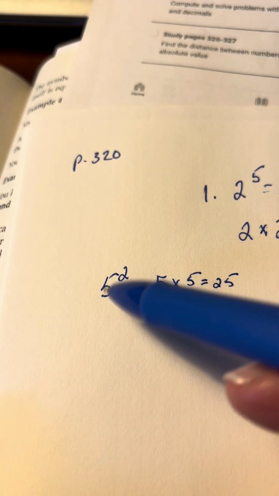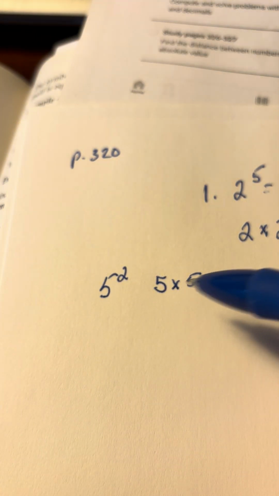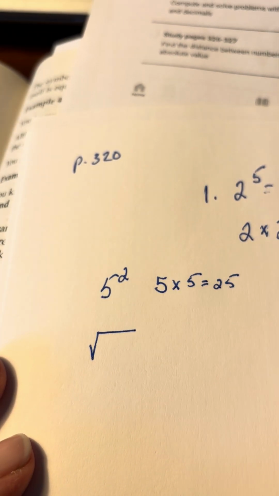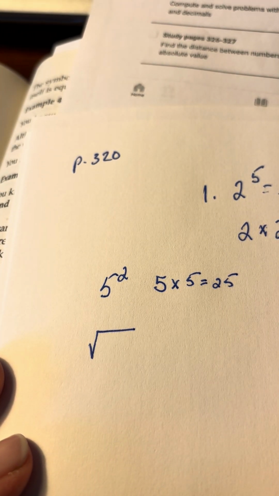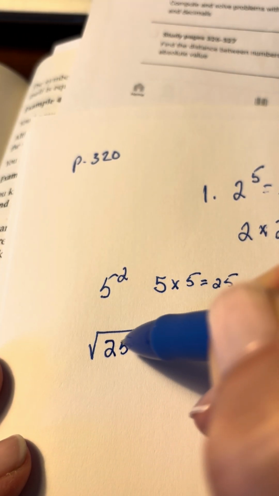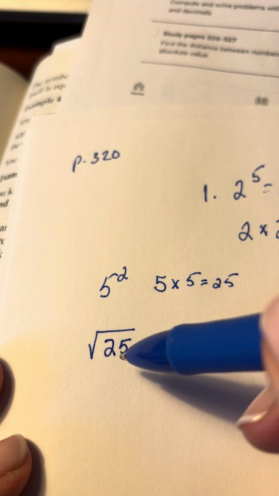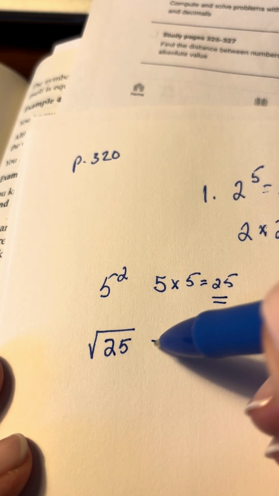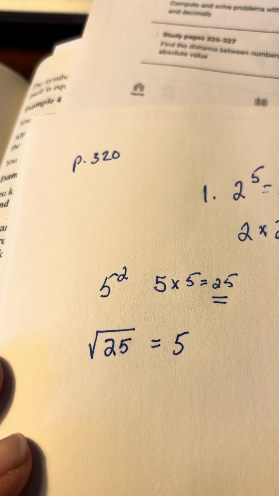So if you multiply something, you can divide. If you add, you subtract. So square has square root. It's a radical, but I think of it as like a house. So inside the square root, that means what two numbers multiply together to give me 25, and it's 5.